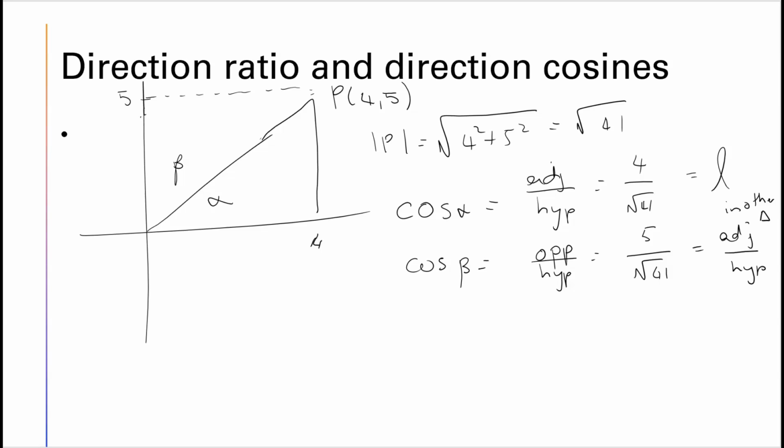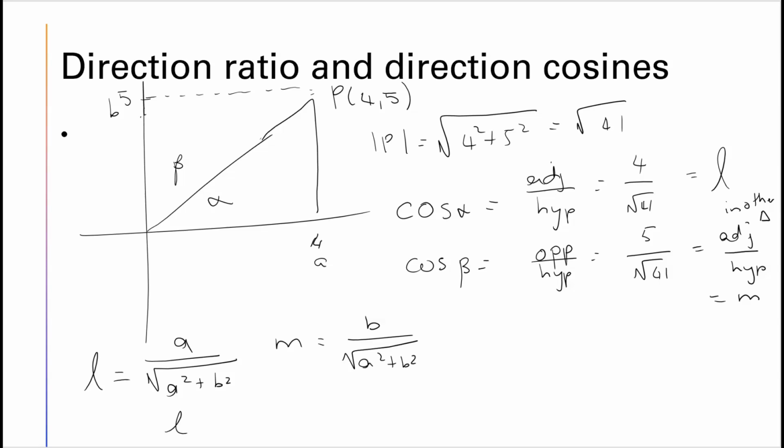So both of them will give us the same, and we call that M. So from that working then, we can see that if this is A and this is B, L is A over the square root of A squared plus B squared, and M is B over the same denominator.